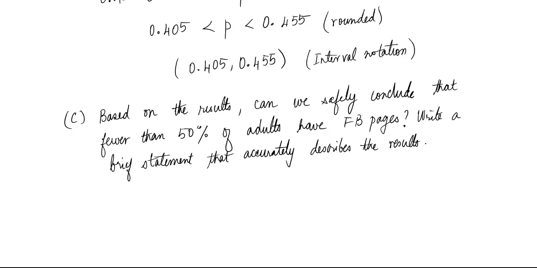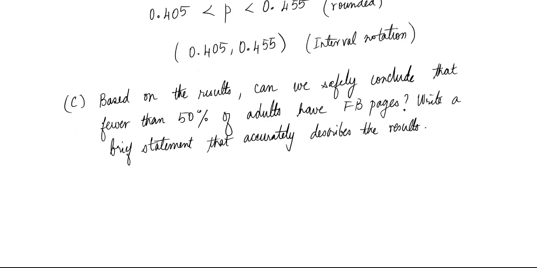If you go back to how we interpreted the confidence interval, we said we are 95% confident that this interval, 0.405 to 0.455, will actually contain the true population proportion. So this interval will contain the population proportion with 95% confidence.